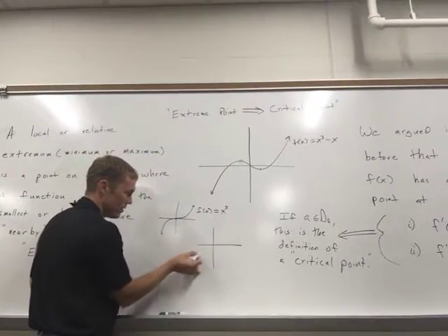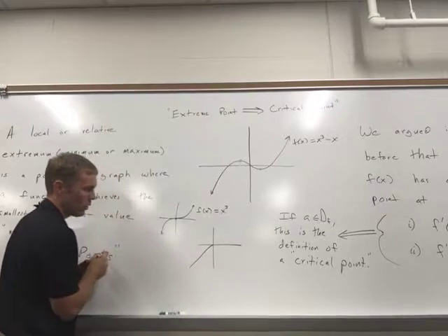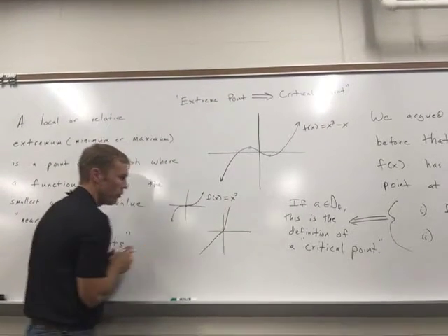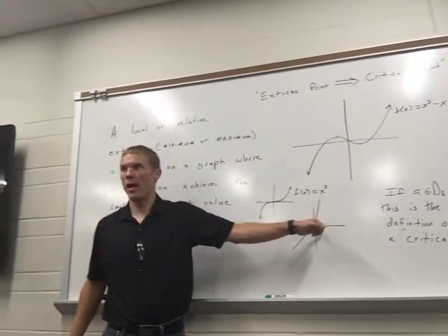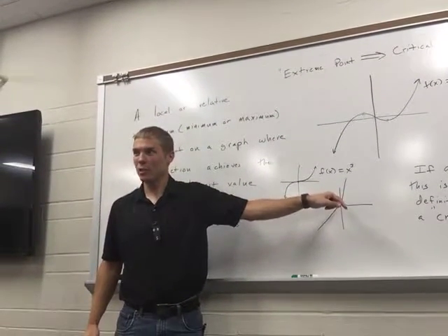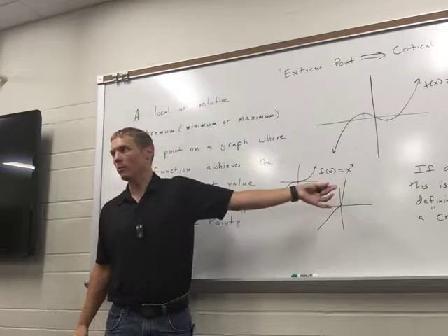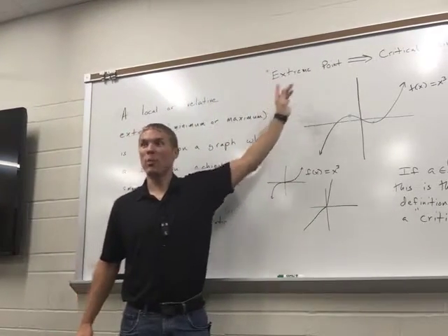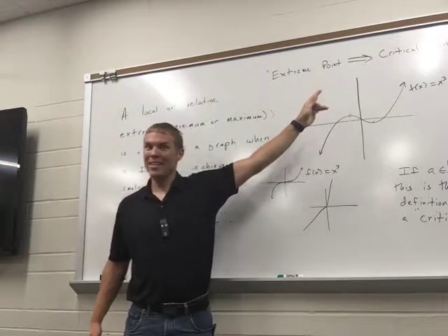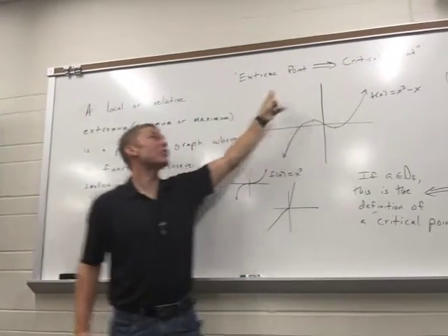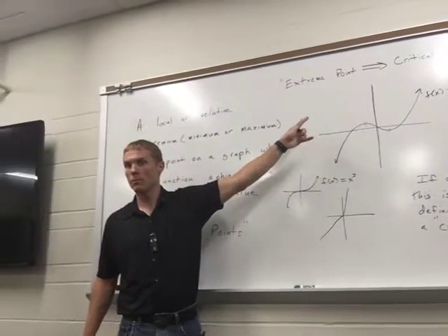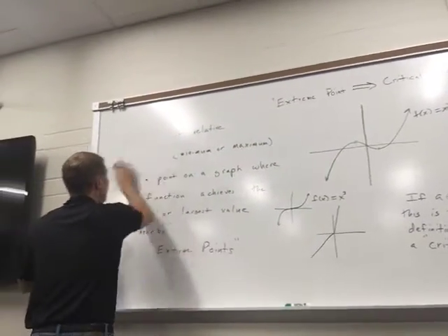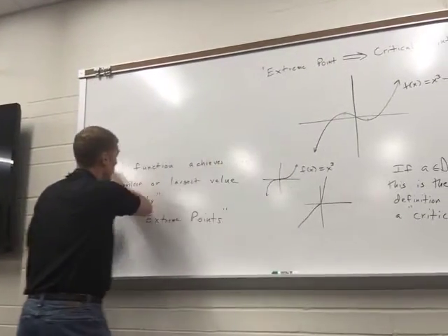And there's also ones like x if x is less than 0, and 3x if x is greater than 0, where we have a bend in the graph. The derivative does not exist at the origin, but it's not extreme either. So not all critical points are extreme, but all extreme points are critical. So our task is to figure out when critical points actually are extreme points. And we'll do this via one of two major tools.